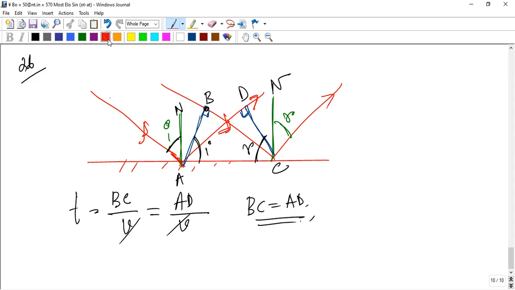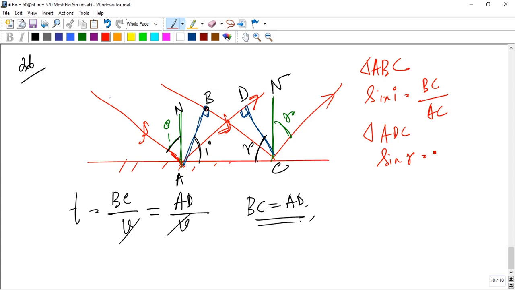Now there is a triangle here, triangle ABC. Sine i is equal to BC by AC, and in triangle ADC, sine r is equal to the perpendicular AD by the hypotenuse AC.